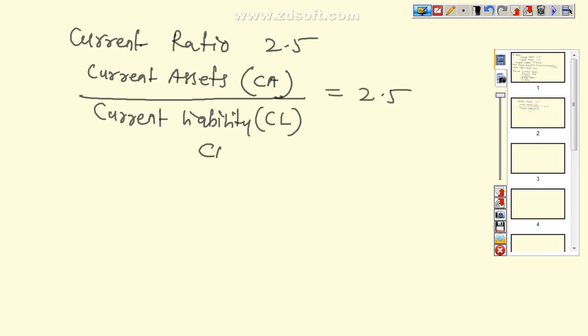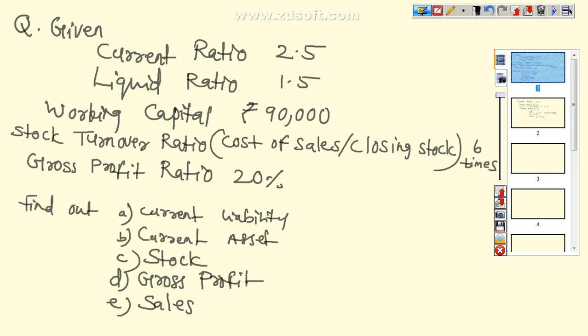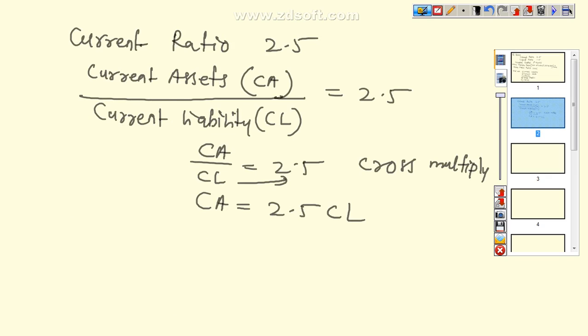So CA upon CL is equal to 2.5. If we cross multiply, we can write current asset is equal to 2.5 CL. Now next information, according to the question, it is given working capital.